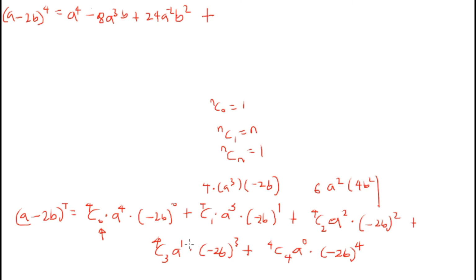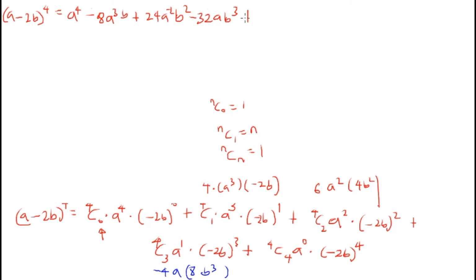So for this term, I will have 4 as the coefficient, then a times minus 2b cube, which is negative 8b cube. 8 times 4 is 32, so I'll have minus 32a b cube.